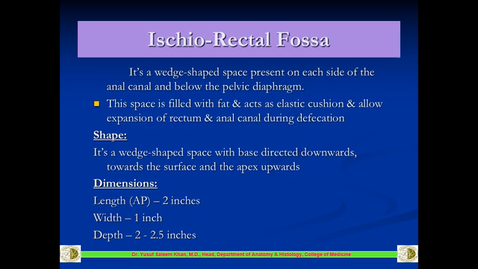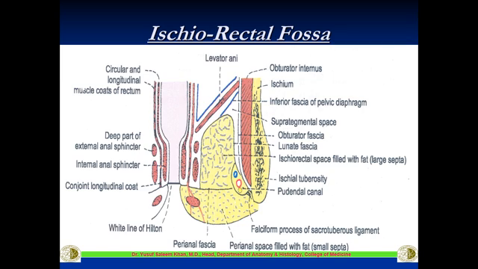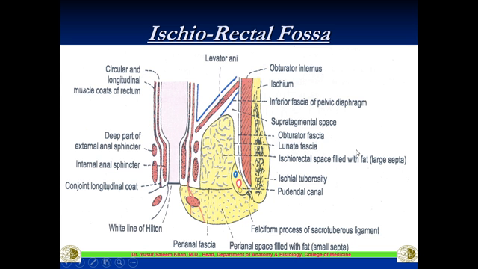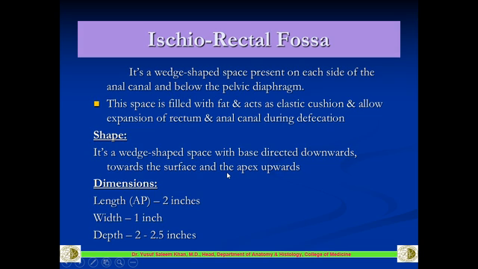What is the dimension? It is almost 2 inches in the antero-posterior direction. If you measure it anterior-posteriorly, it will be almost 2 inches, and the breadth or the width will be almost 1 inch, and the depth will be almost 2 inches.